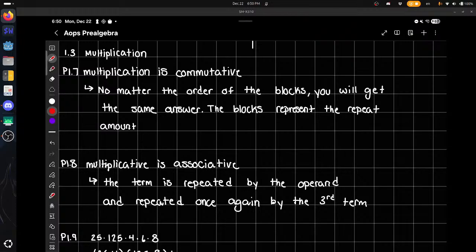Okay. Yeah, they worded it way differently. My answer was the term is repeated by the operator and repeated once again by the third term. They went more descriptive on the blocks. I don't really care about the blocks.